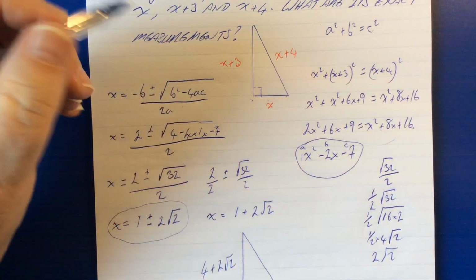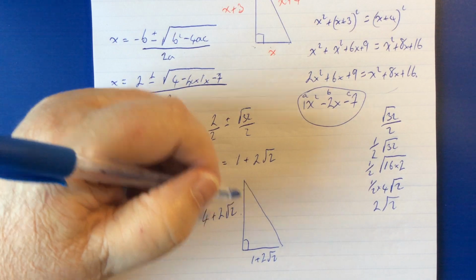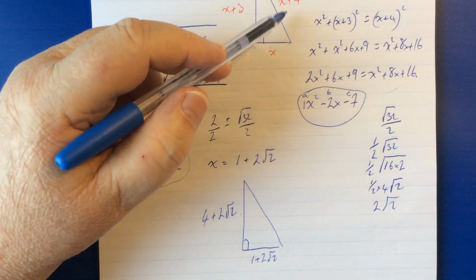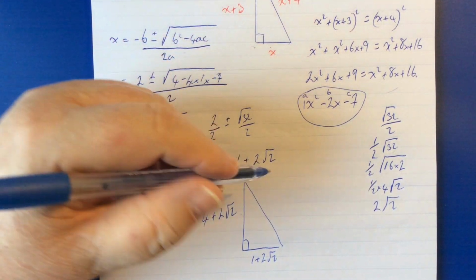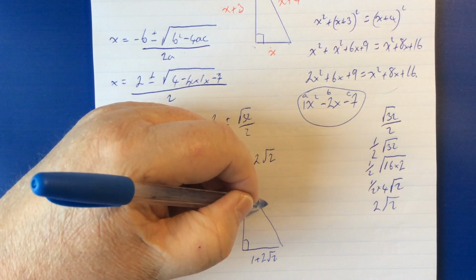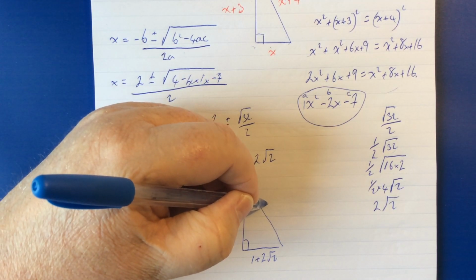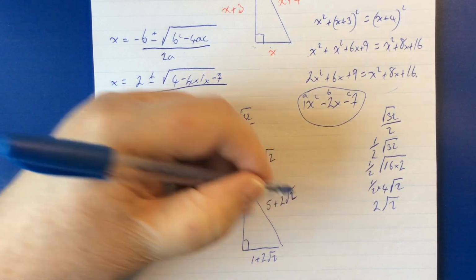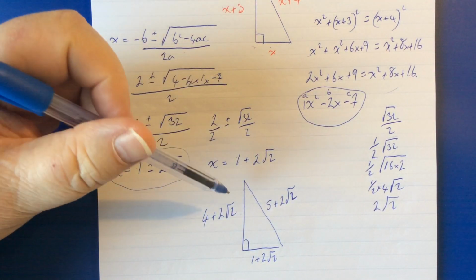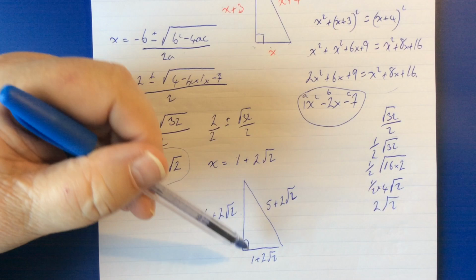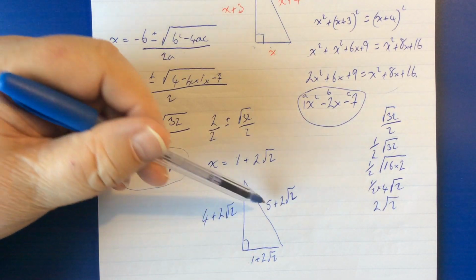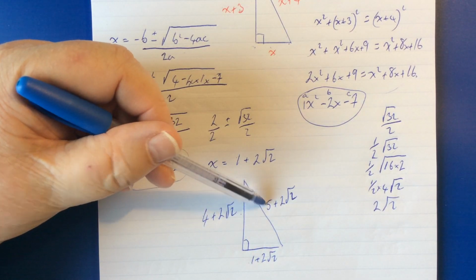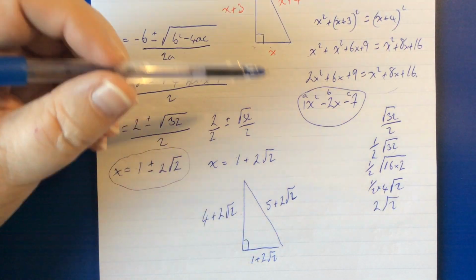And the hypotenuse is x plus 4, which is 4 plus 1, which is 5, plus 2 root 2. And just for the sake of completeness, the perimeter of this would be 1 and 4 is 5, and 5 is 10, plus 6 root 2.